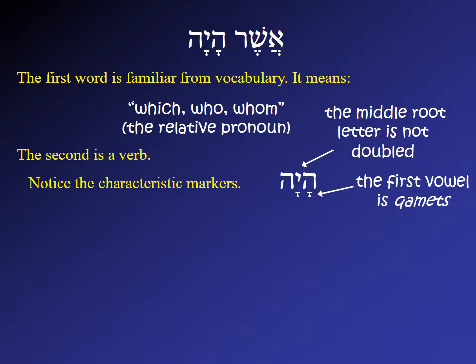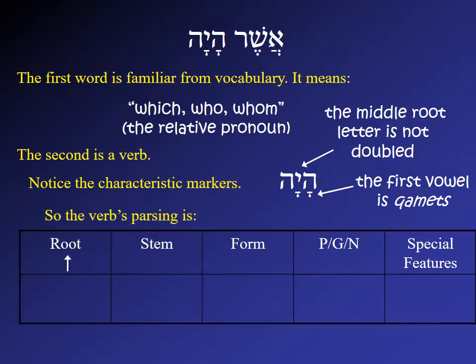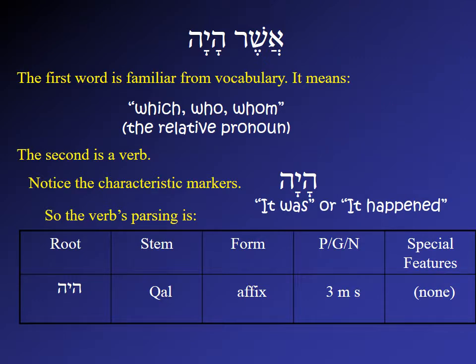You have no doubling of the middle root letter. These both suggest to us that our root is haya and that our stem is qal. We have no prefix, and so we know this is an affix form. Third masculine singular. No special features. So if we were to translate haya, it would be it was or it happened.